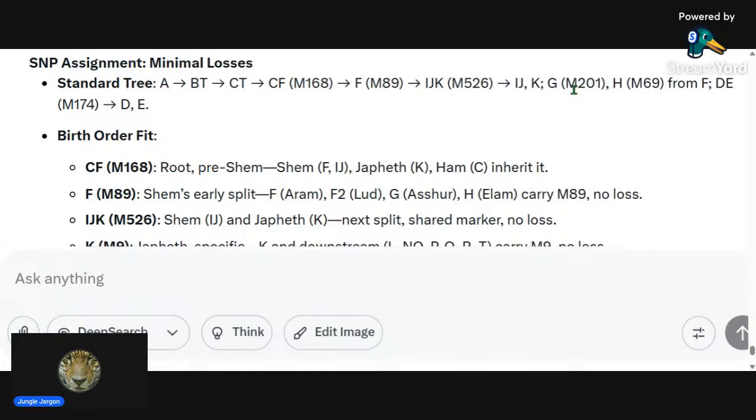M201, G is M201, H M69 from F to E. What? DE is 174. No, 174 DE. I don't know. I think it's getting all confused here.